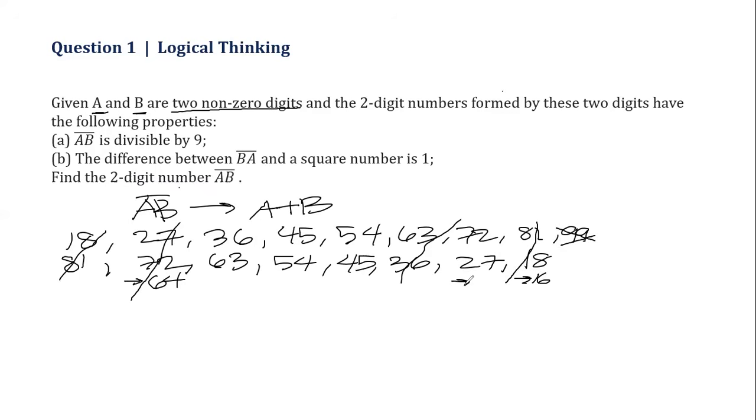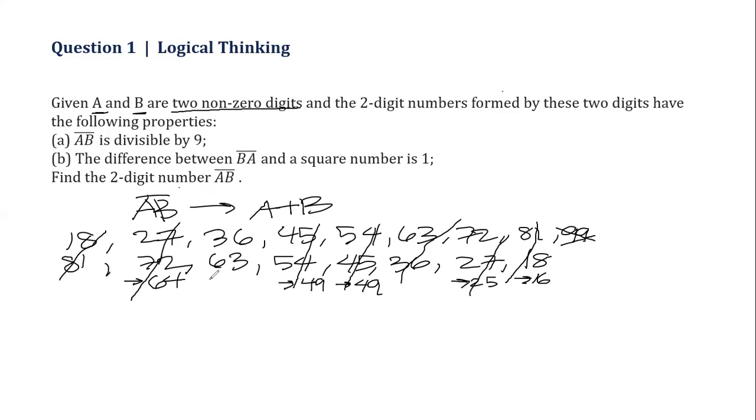For 27, it's 25. The difference is also not 1. For 45, the nearest is 49, and the difference is also not 1. For 54, it's also 49, but the difference is also not 1, so this is not the answer.